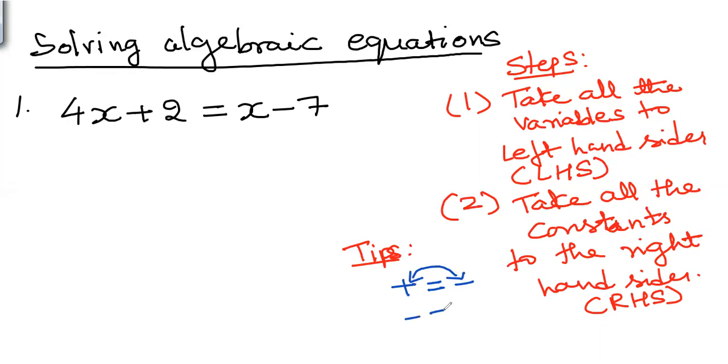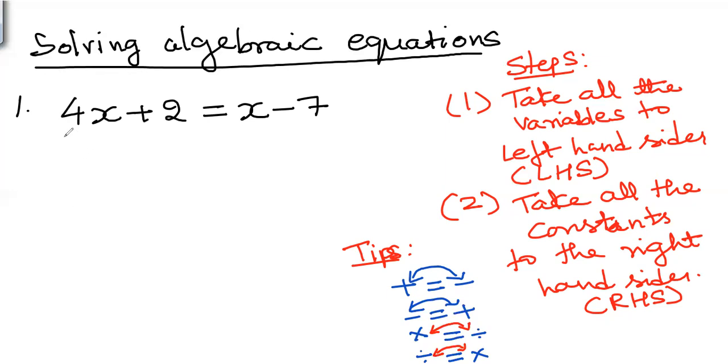The same thing over here: plus to minus, minus to plus, then multiplication to division, and division to multiplication. So we are going to make use of these in our solution.